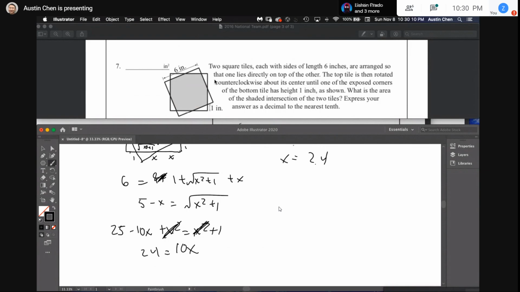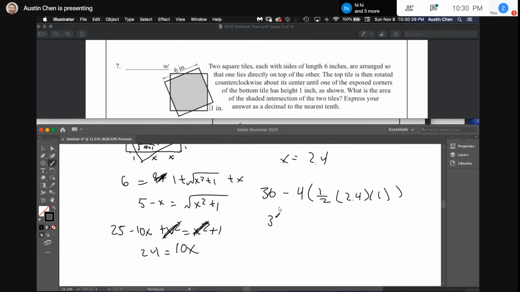And we want to find the area of the shaded intersection. What we can do is find the areas of these triangles and subtract them from the area of the original square, and that will give us the shaded area. So that's 36 minus 4 times the area of the individual triangles, which is 1/2 times 2.4 times 1.